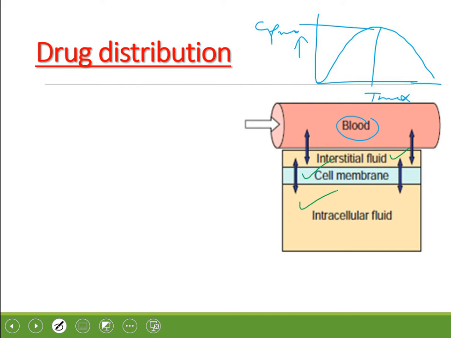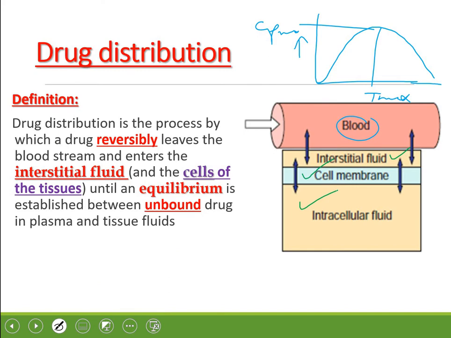So you see, the drug has to pass through many barriers, and these are the points which we consider in drug distribution, and they play a vital role. You can consider this as a single compartment, this another second compartment, a third compartment, but for simplicity, we will consider that the drug goes from the blood to the tissues directly. We will consider it so that you can easily understand this concept.